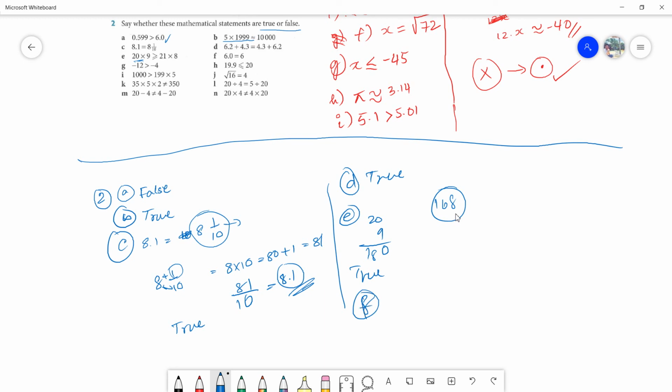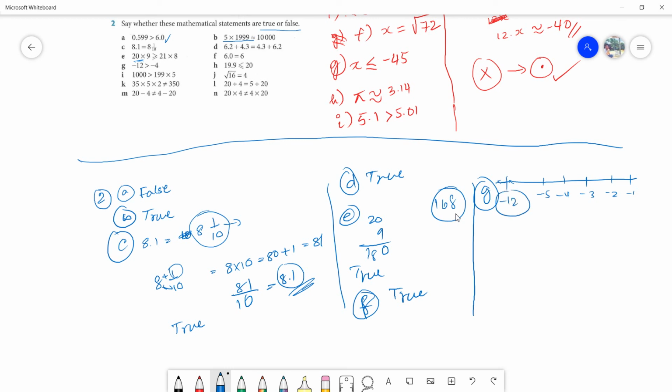F, 6.0 is equal to 6. Yes, it's true. G, negative 12 is greater than negative 4. This is false because I think you can recall the numbering system for the negatives. We have negative 1, negative 2, negative 3, negative 4, negative 5, and so on, and we can have negative 12 here.